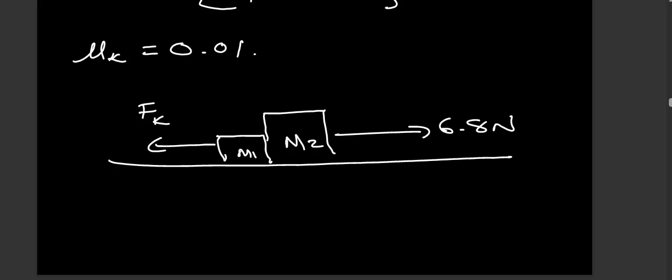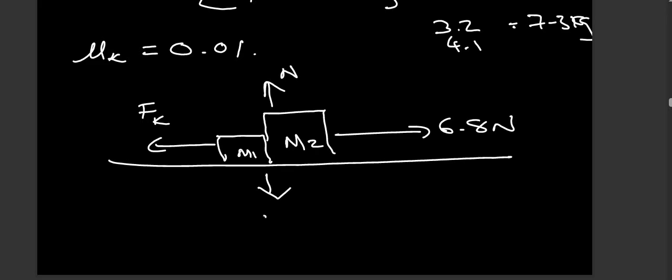And if we treat this to be one object, we'll just add the two masses, 3.2 plus 4.1, so just 7.3 kg. So when we treat it as a single object, the weight and the normal force will be the same. Weight is equal to mg, where our mass is simply mass 1 plus mass 2.